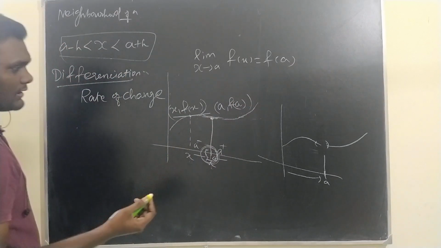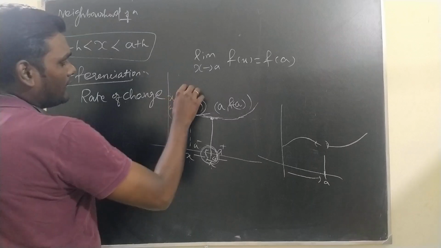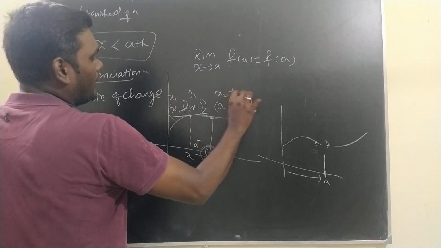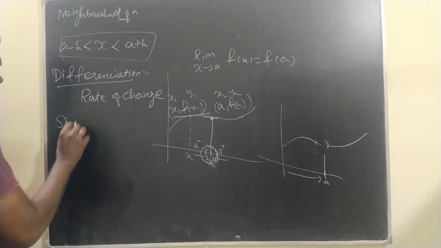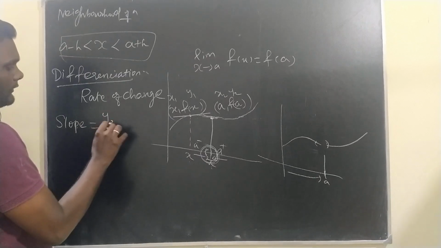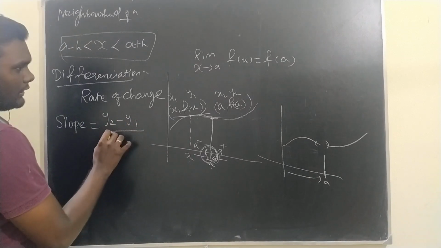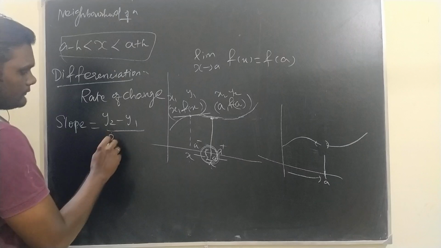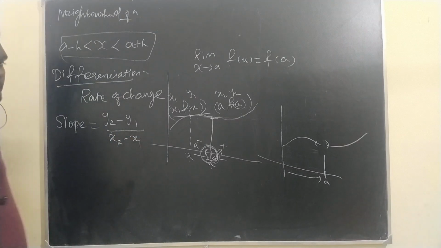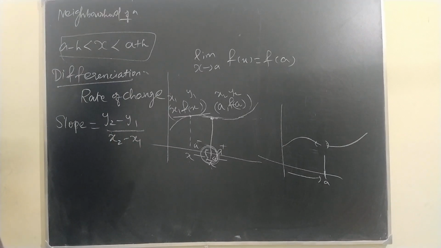So slope of tangent, I said, right? Mark this as x1 y1, this as x2 y2. That is the formula for slope: y2 minus y1 divided by x2 minus x1.